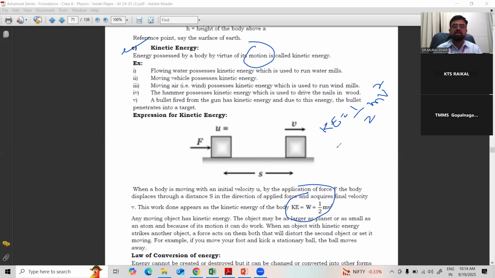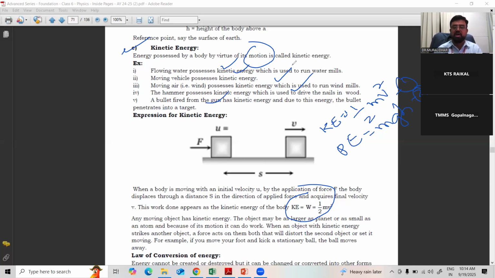Whereas potential energy is given by mgh. These two formulas are very important. The energy possessed by virtue of its motion is kinetic energy, and by virtue of its position is potential energy. Examples: flowing water, a moving vehicle, moving air, wind, wind energy only. The hammer possesses kinetic energy, used to drive nails when you are hitting the nail into the wall.